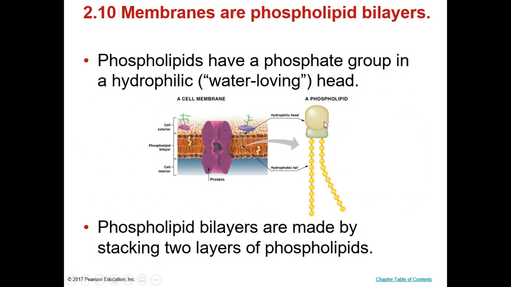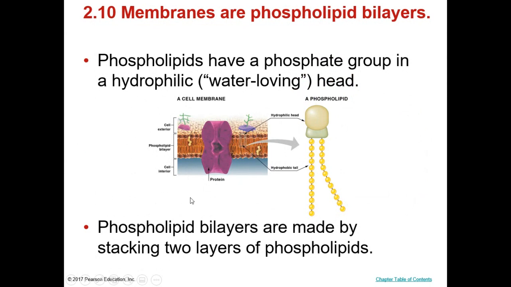All right, the phosphate head is in and of itself a hydrophilic substance, whereas the lipid tails are evidently hydrophobic. Okay, so why is that important? Well, because as you're putting together these membranes, you're building essentially two layers of phospholipids, which are inverted.